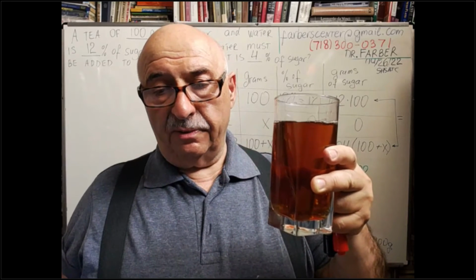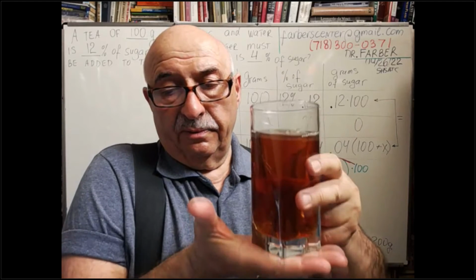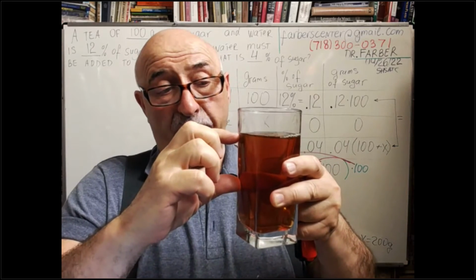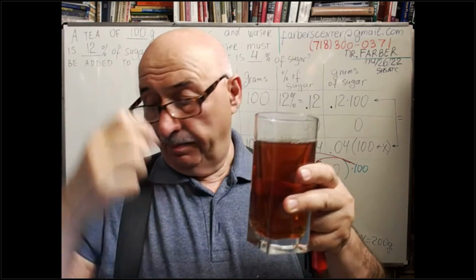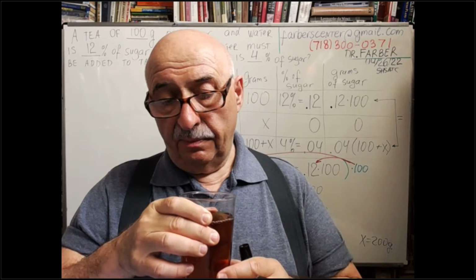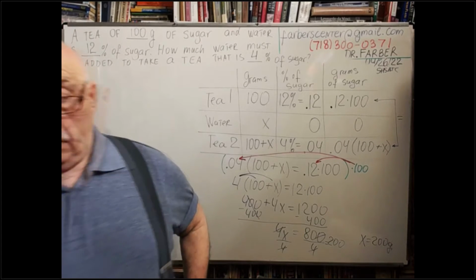Always like this. Pretend you have this glass on the scale. If you add x grams of water, it becomes x grams heavier. Did I answer your question? Yes, thank you. Ask me more questions.